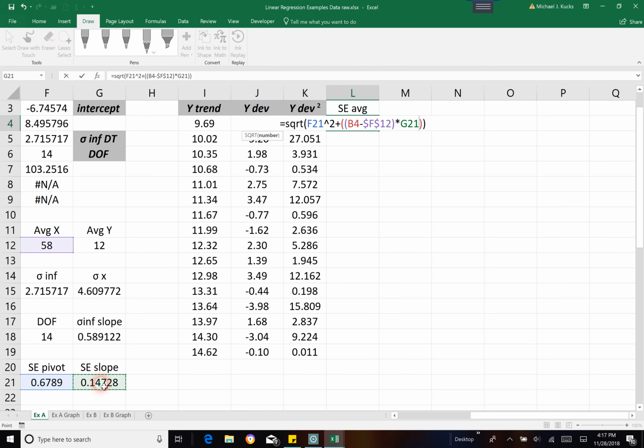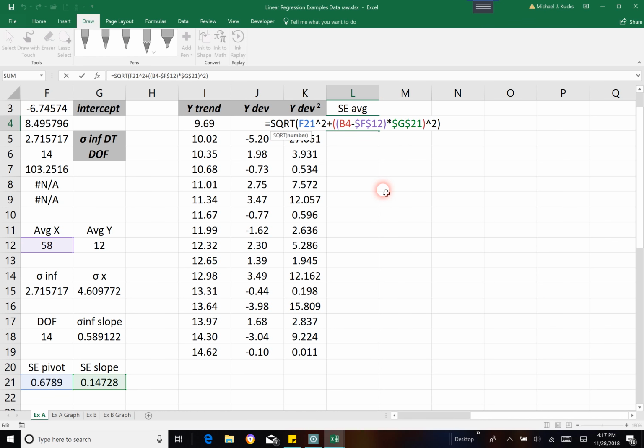There's this, and I need to make that an absolute cell address. And then that whole thing I need to square. Okay. So there's the equation. Let's see if I did it right.